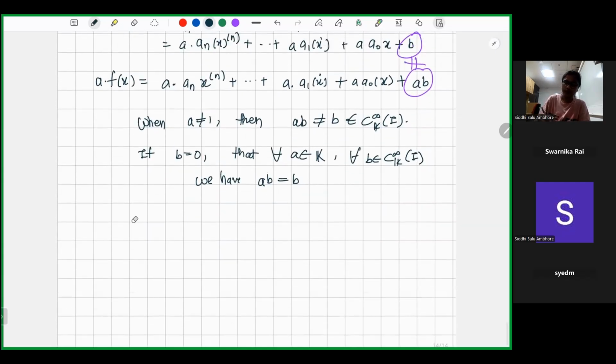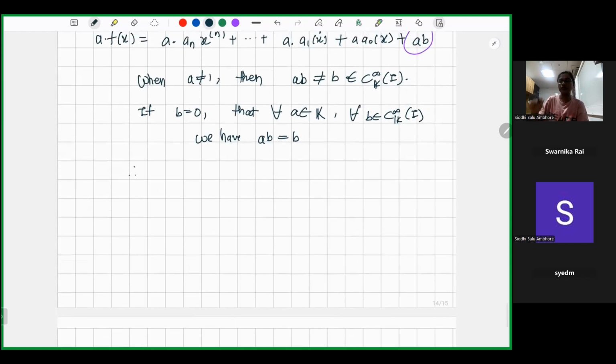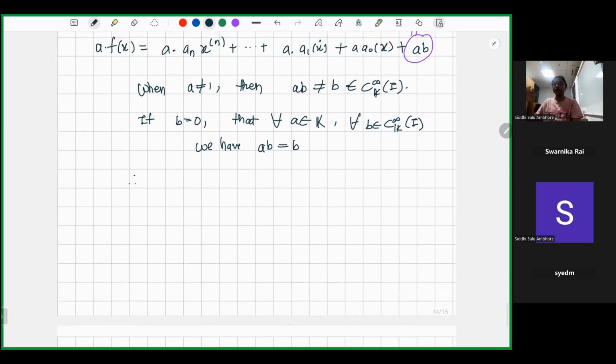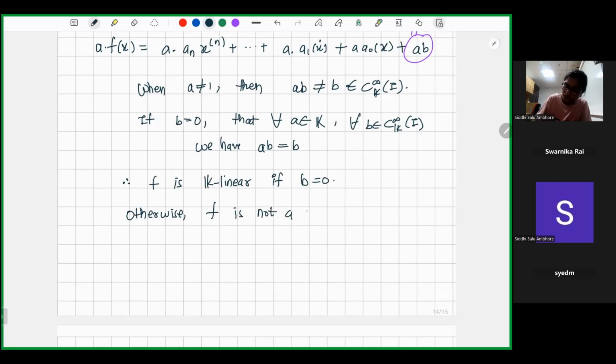So again, the second condition fails when b is non-zero. Therefore f is K-linear if b is 0. Otherwise, f is not a K-linear map.